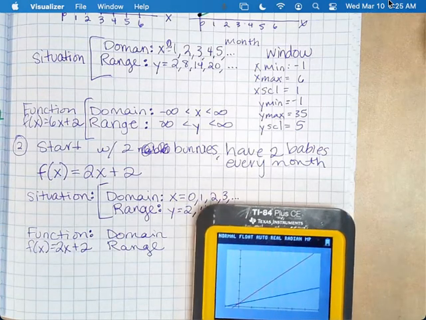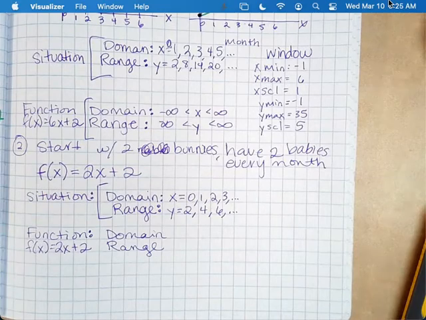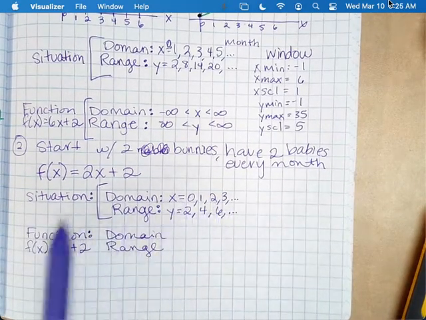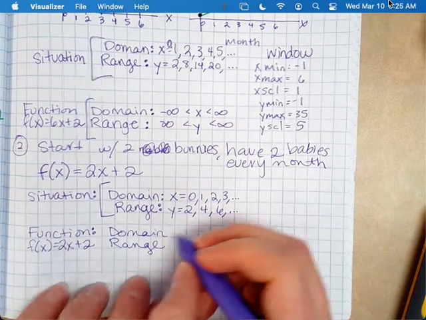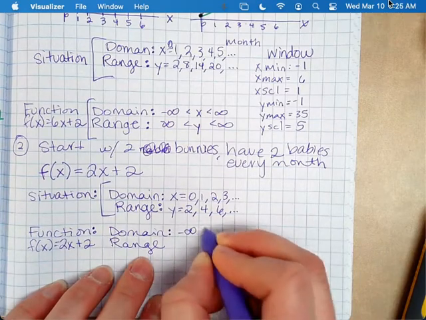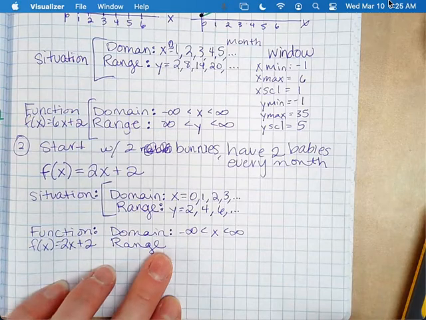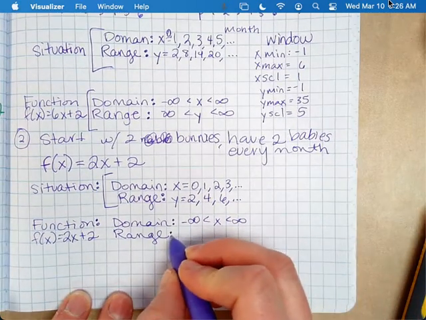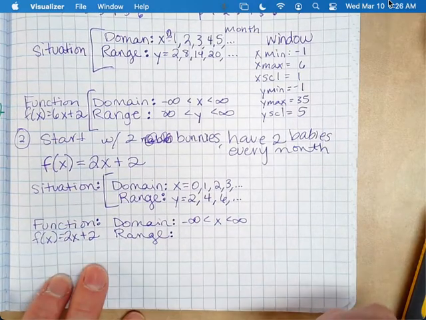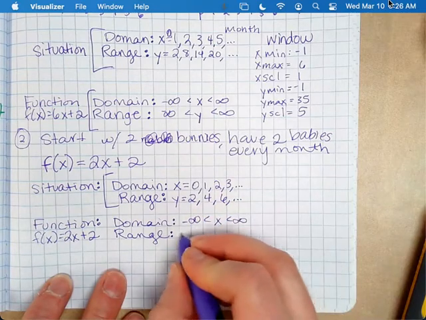So what can our x values be for the function? Situation 0, 1, 2, 3, but the function, x can be any number. So it's negative infinity to positive infinity. And then the range is the y values. It goes to negative infinity and positive infinity also.